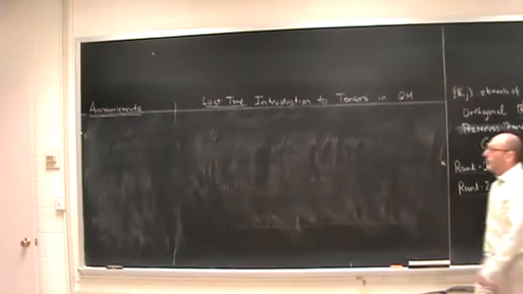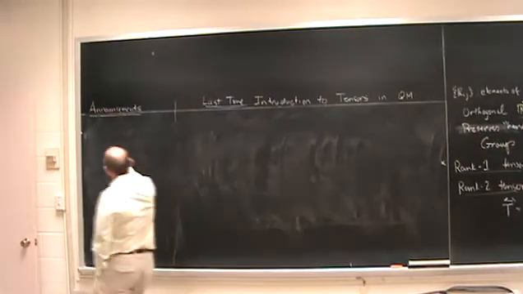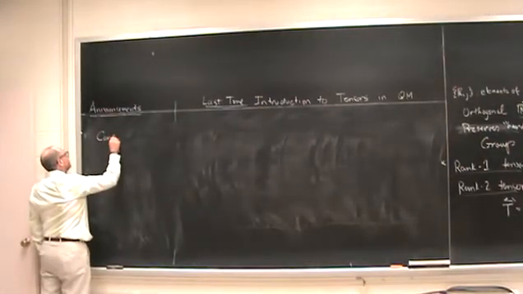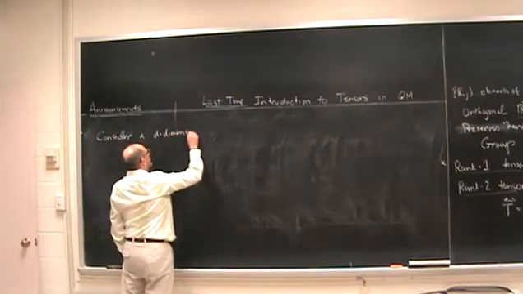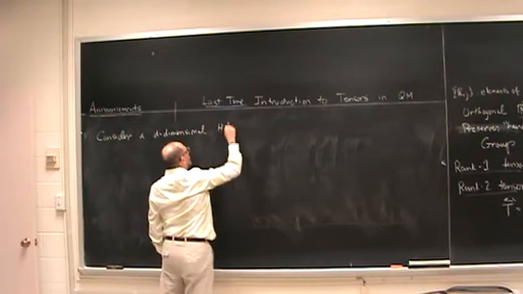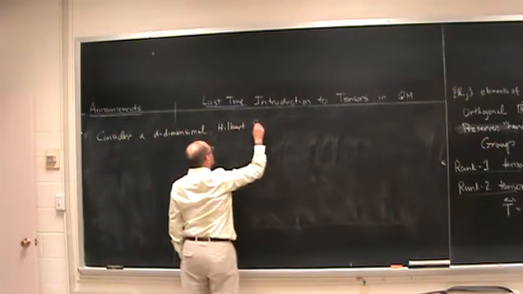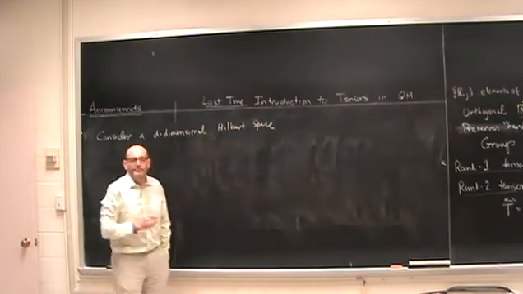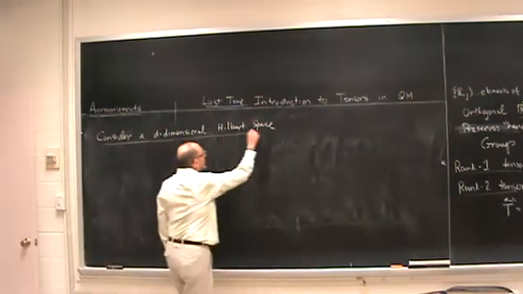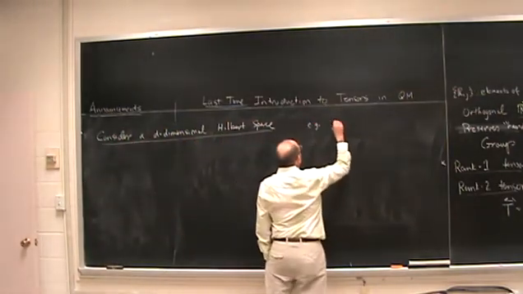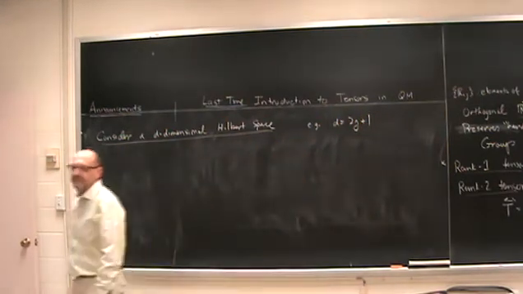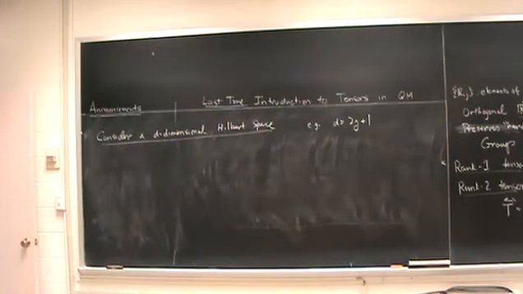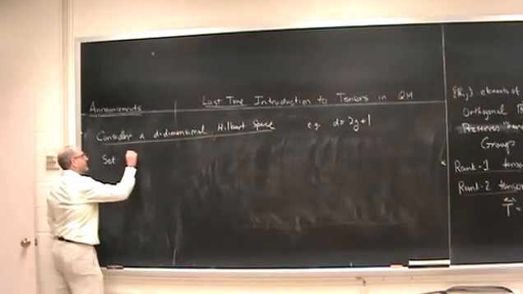Now let me ask you the following question. Let's consider a d-dimensional Hilbert space. E.g. D is a spin J with dimension 2J plus 1. Okay. I can consider the set UD.